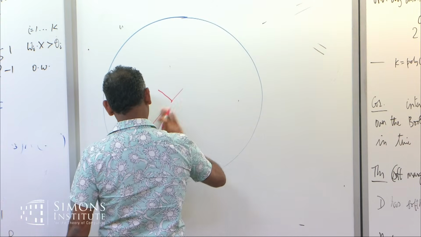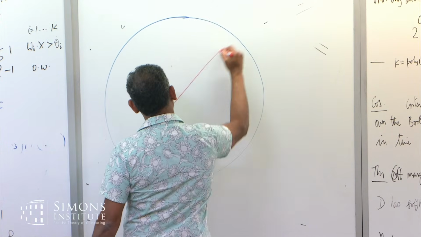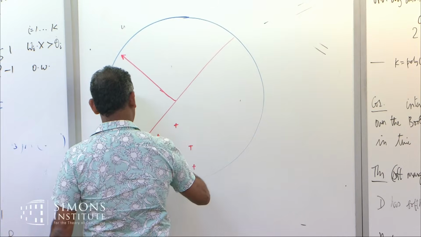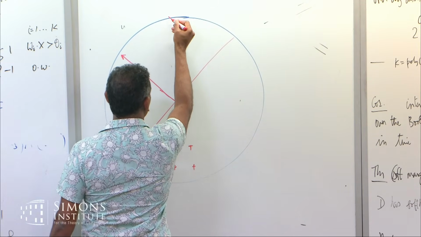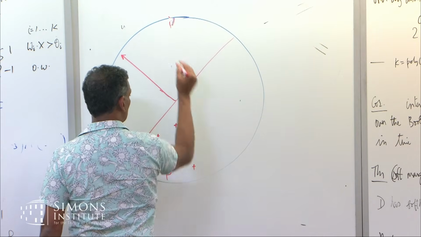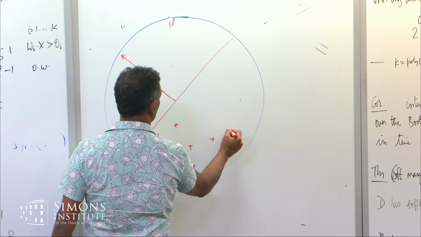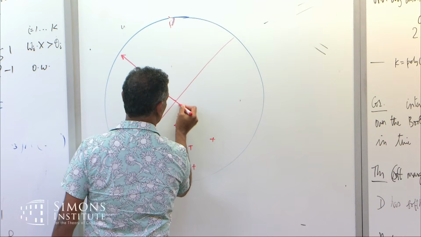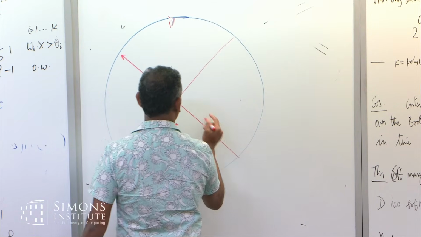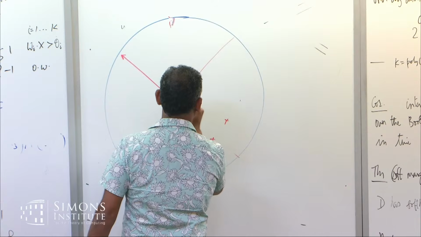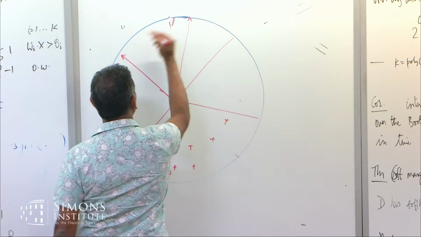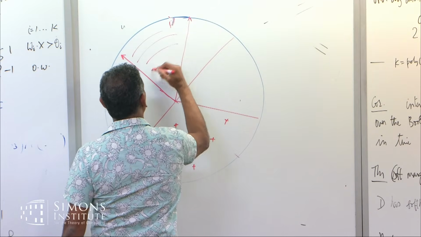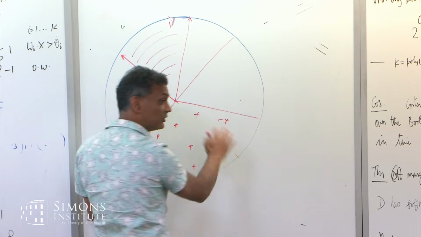So I could make this like that. This is a normal. Maybe there's a positive point right there, so it's barely touching. Okay? So these are all good, which correctly classify the positives.